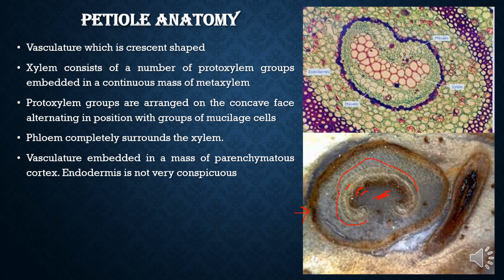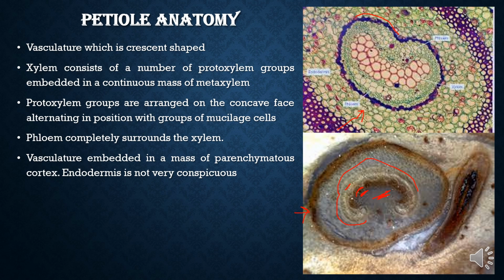And very close to the xylem, there is also an inner phloem, which can be very easily seen in this diagram. So basically, the vasculature in the petiole is horseshoe shaped with xylem sandwiched between phloem, and this entire vasculature is covered by an endodermis, which is very prominent.